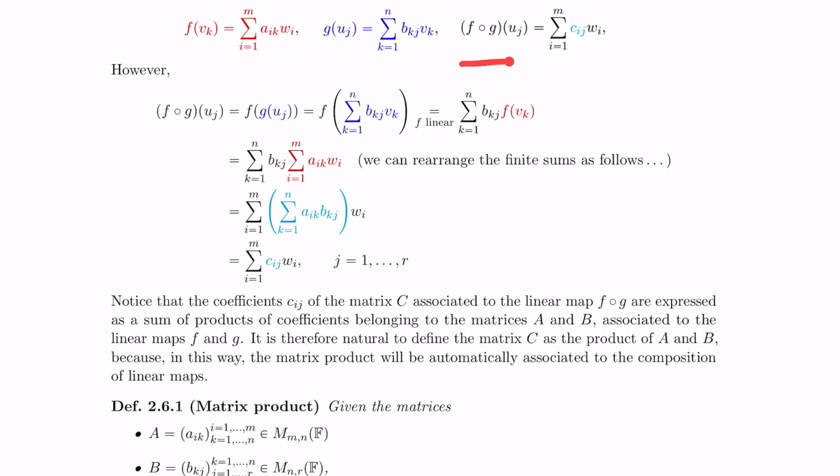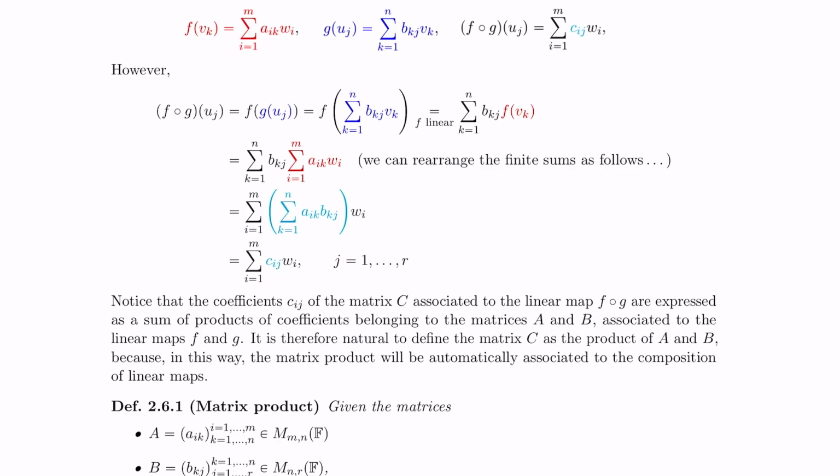If you take a look at the expression of f composed with g applied to u_j that we have found before, we have put in light the fact that there is a sum over i of coefficients C_ij times the vectors w_i of the basis B_W. So here we have exactly the same thing with the explicit expression of these coefficients C_ij.